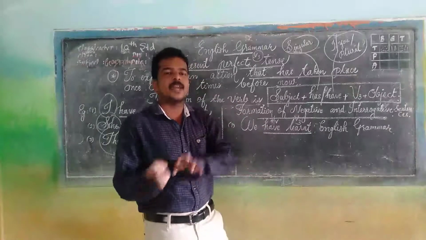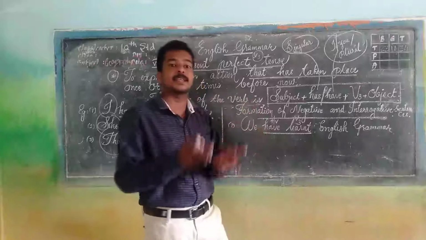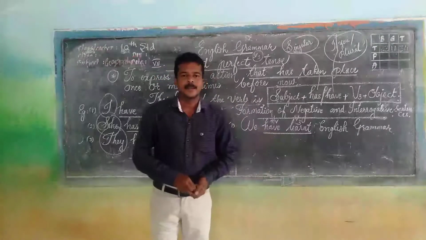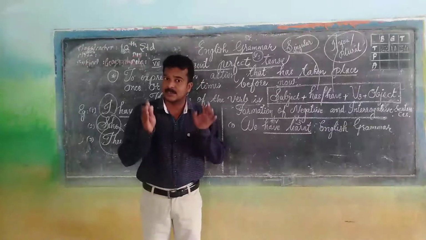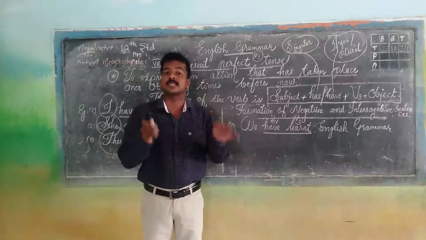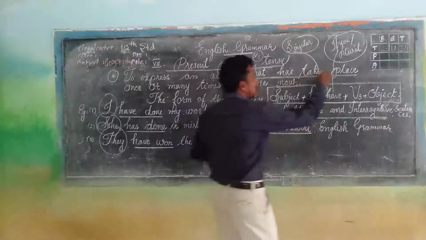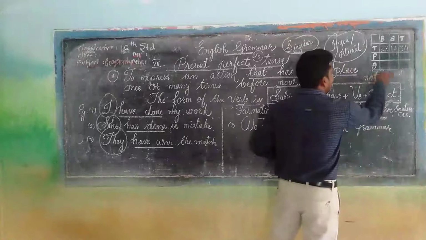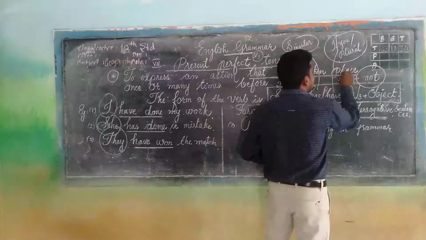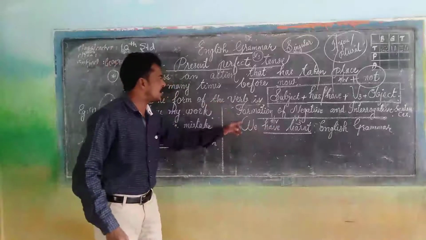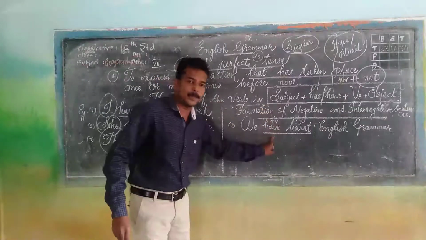And next we have to make this sentence negative, which is in present perfect tense. As I told you, most of the students might have learned now how to make a negative sentence. How can we? By adding not along with the helping verb. So here have is the helping verb.